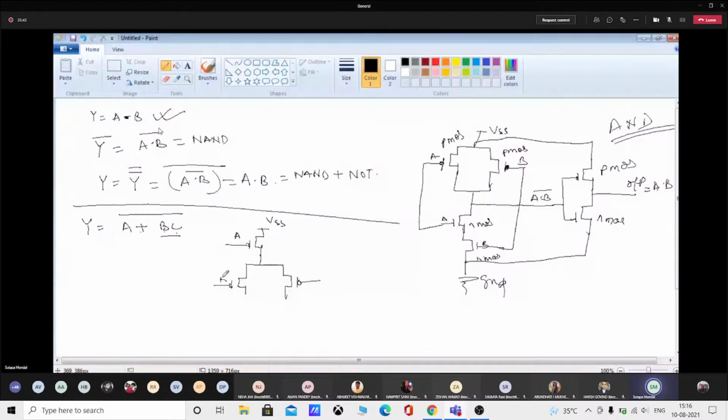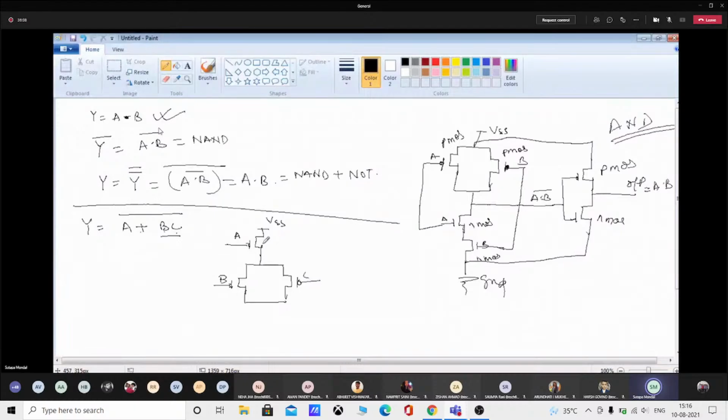This is B and this is C. So BC is in parallel and both are in series with A. Is it clear? Because BC is in parallel, which as a whole is in series with A.